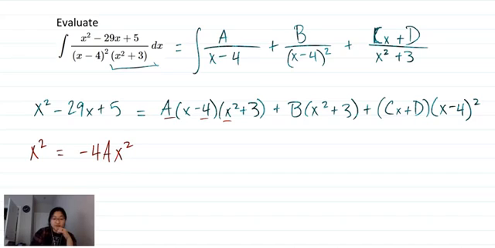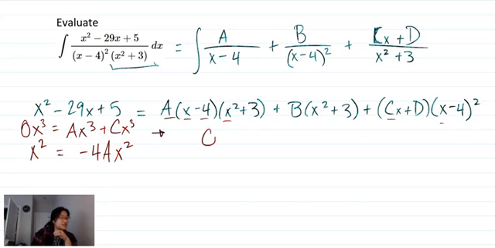And then, oh, there's actually another one, because there's nothing with x cubed on the left, but we do have cubed terms. So we have Ax cubed and Cx cubed. That means there's got to be 0 of these. So 0 equals A plus C.